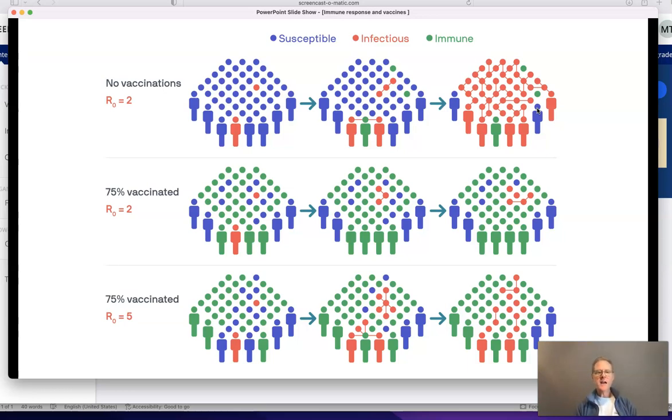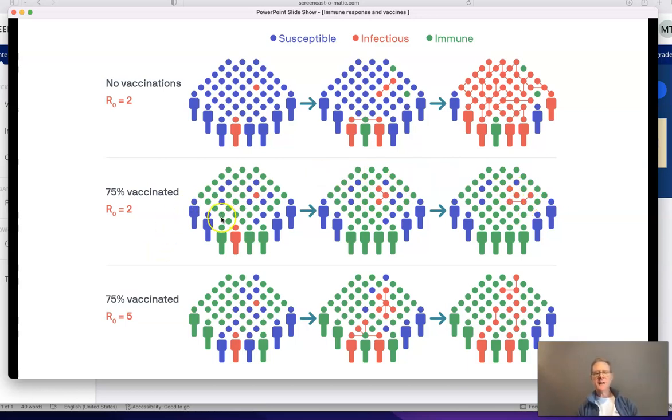right? Now, the second line, if you have 75% vaccinated, you can see what happens is if you have an infected individual, there's no place for them to go, okay? They can just infect the unvaccinated blue people around them, but then there's a wall of green that pretty much cuts it off, okay? So it doesn't have any place to go.